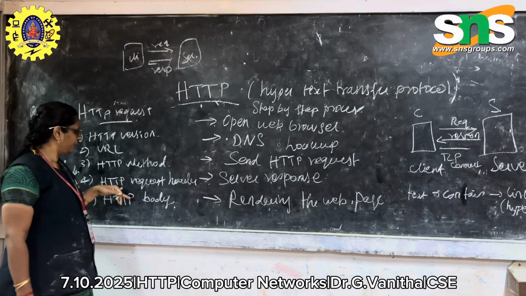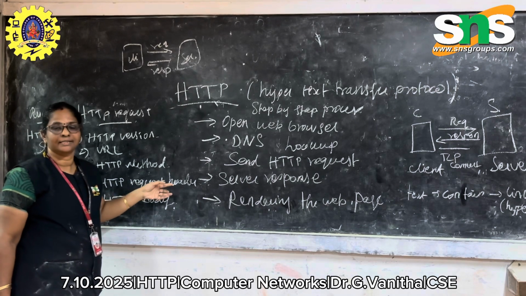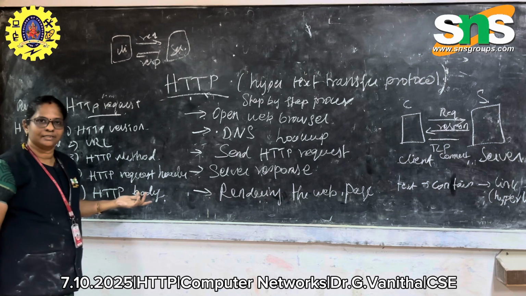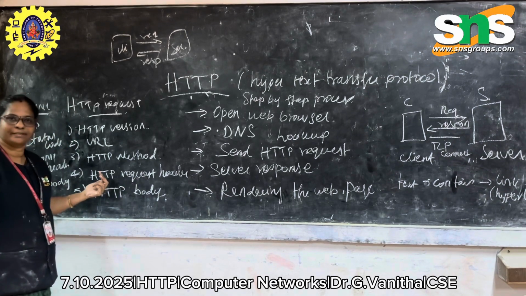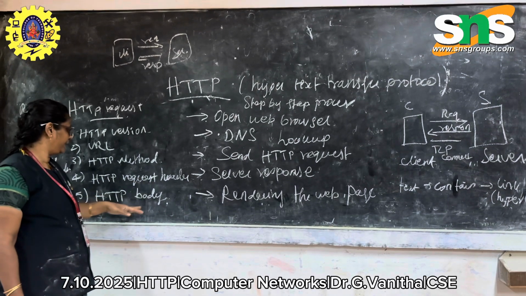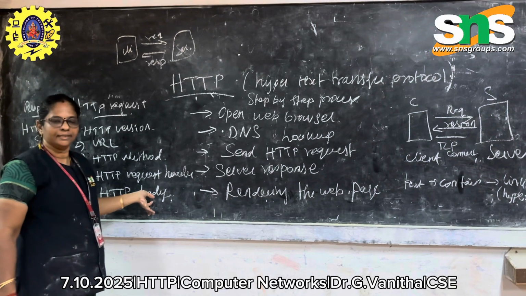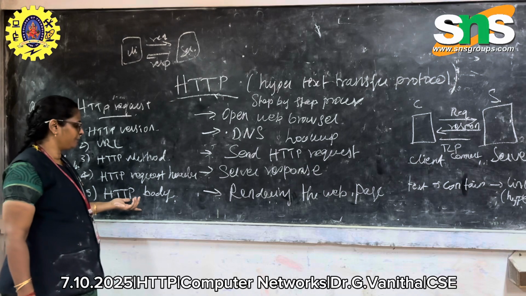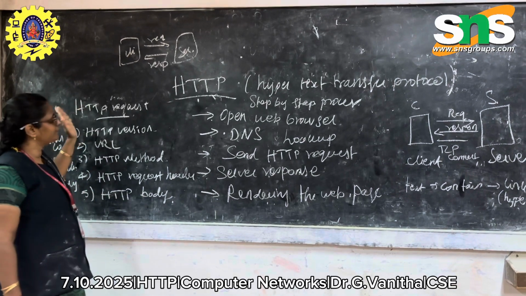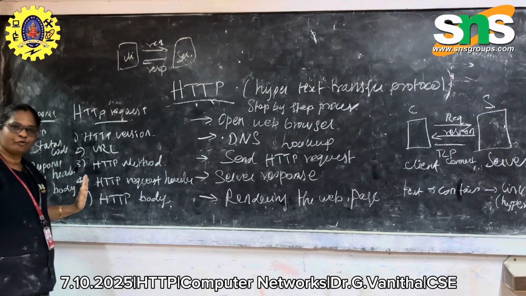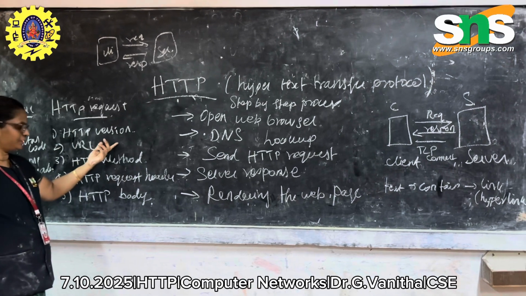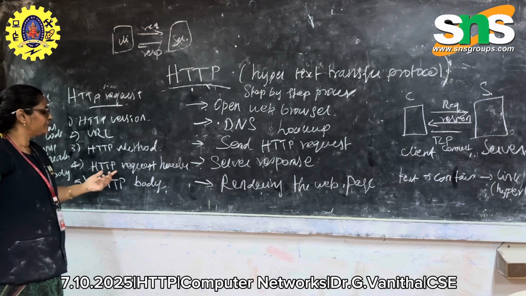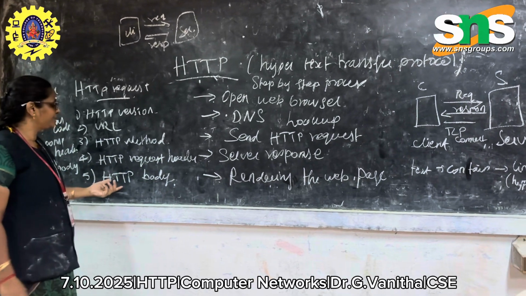Then the HTTP request header, which has the address to which we have to convey the messages. Then the HTTP body, that is whatever data we have to convey. So a normal HTTP request has this format: HTTP version, URL, HTTP method, HTTP request header, and HTTP body.